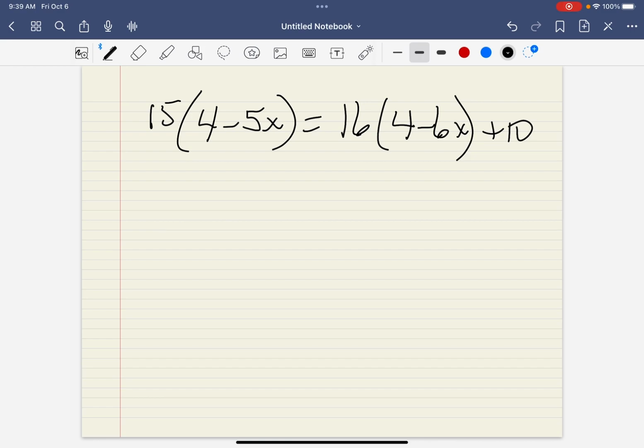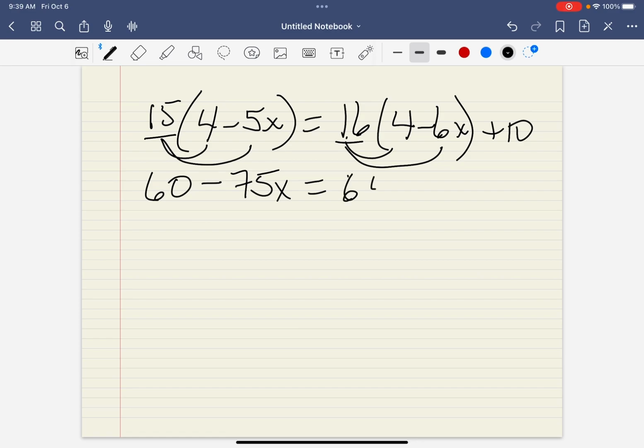Okay, so distribute the 15 and distribute the 16. So 4 times 15 is 60, minus 5 times 15, 75x, equals 16 times 4, 64, minus 16 times 6, 96.